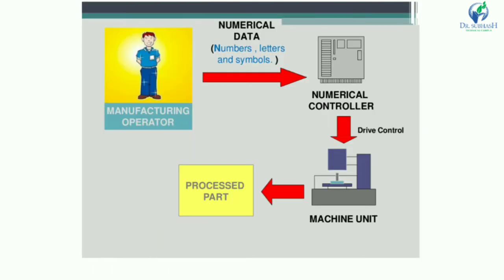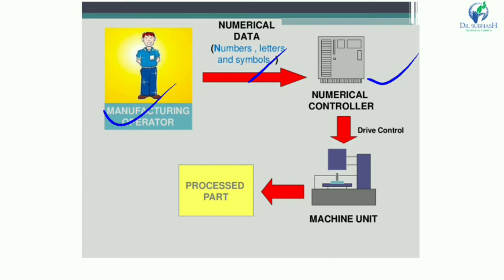Now here you can see the flow diagram of the NC machine. You can see here the manufacturing operators. It gives the numerical data, in terms of numbers, letters and symbols. That data is fed into the numerical controller. This controller gives the command through the drive control unit to the machine.